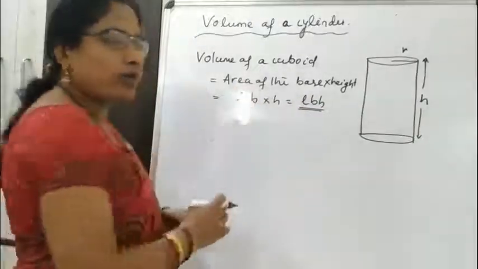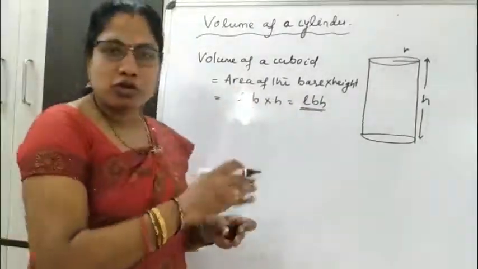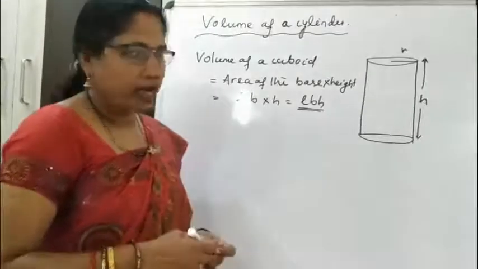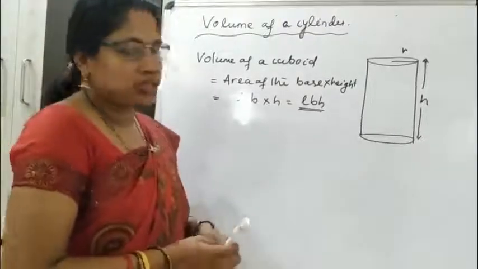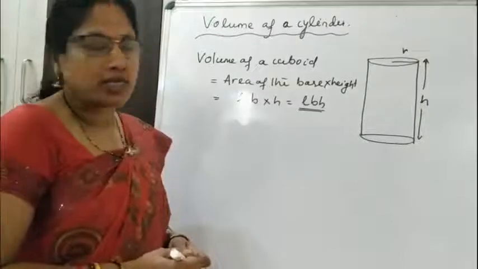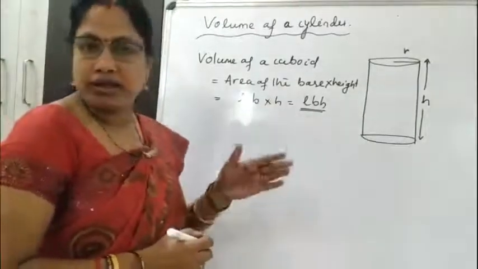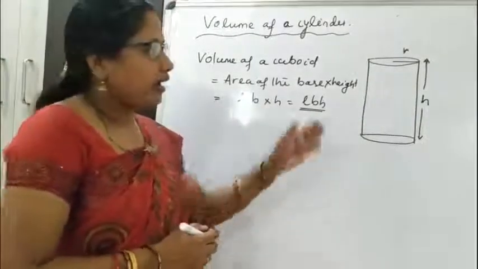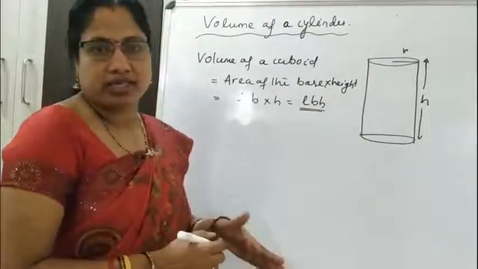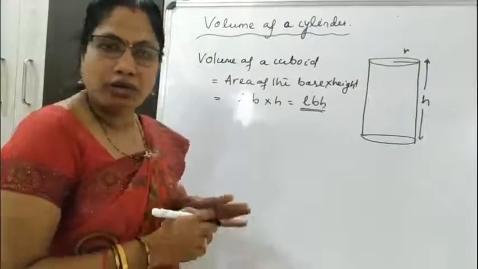This formula is applicable for those solid figures where the two bases, the upper base and lower base, are congruent and parallel to each other, and the side edges are perpendicular to the base.